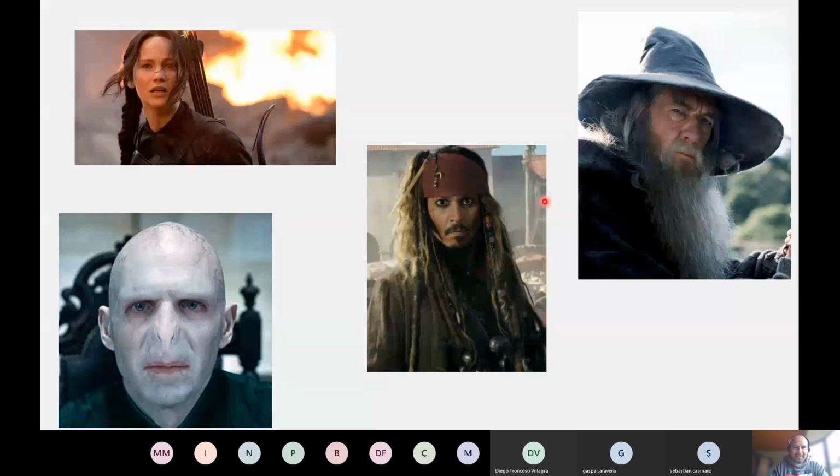Let's play along with what we have. All right. So are you seeing an empty PowerPoint slide now, or you're still seeing the image of the characters? I'm still seeing the characters.